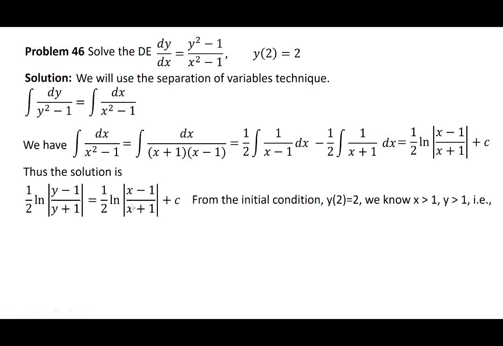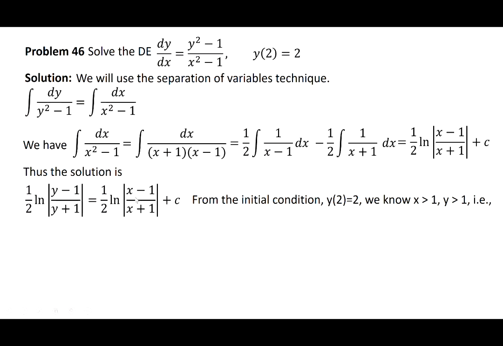And so that means if x is greater than 1, then clearly x minus 1 is greater than 0, and we can drop the absolute value. X plus 1 will automatically be greater than 0. So that means x minus 1 over x plus 1 is guaranteed to be positive whenever x is greater than 1. Would you agree with that?